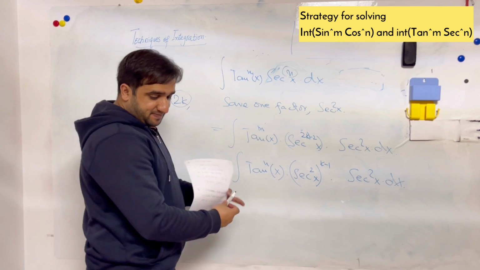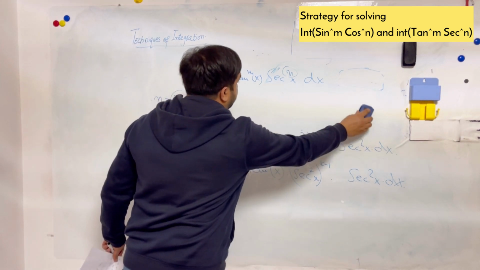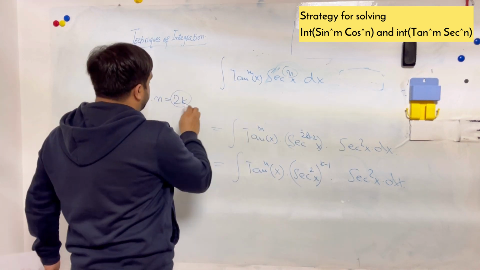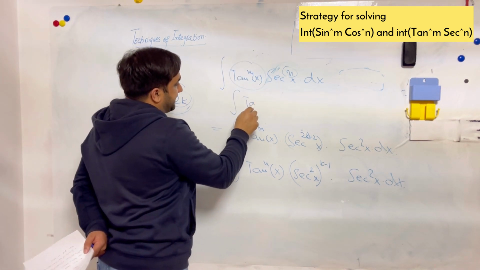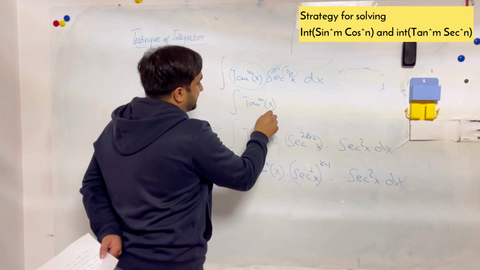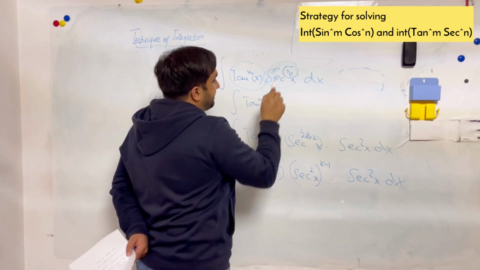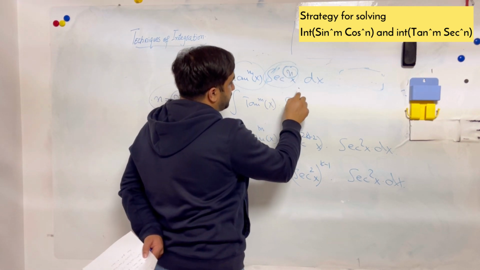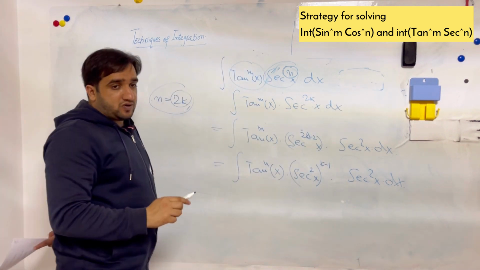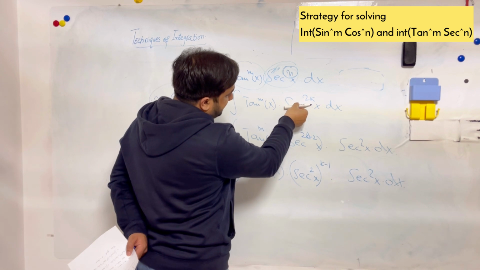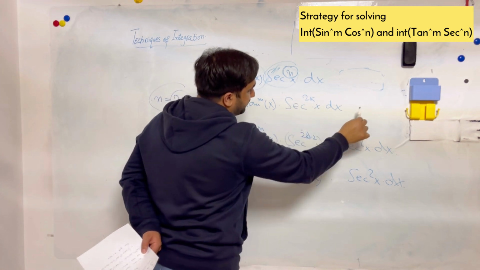At the moment we are talking about n, so we don't care about this term. If this is tan mx, but this power is an even number, meaning secant 2k x dx, now pick up one secant square from here and keep it with the dx.